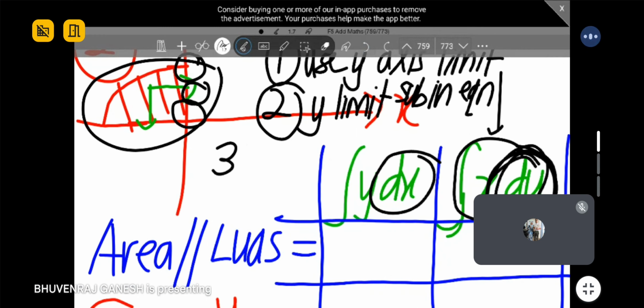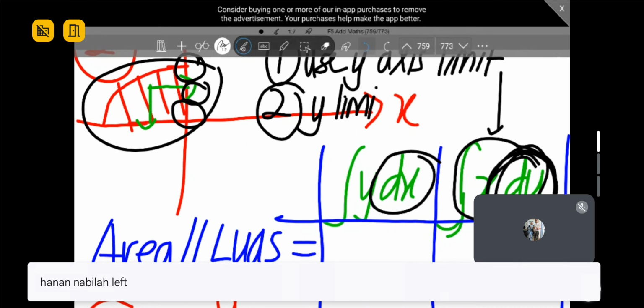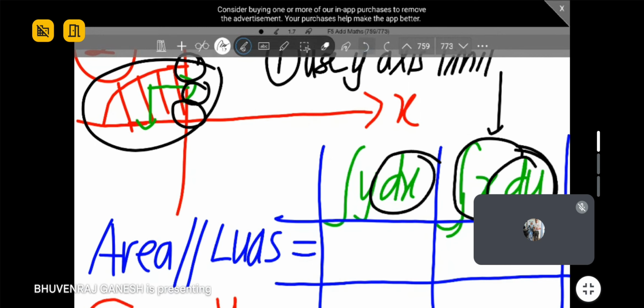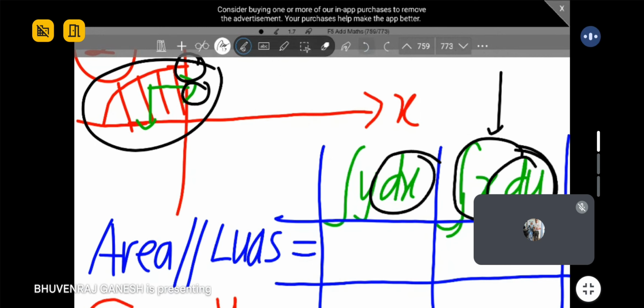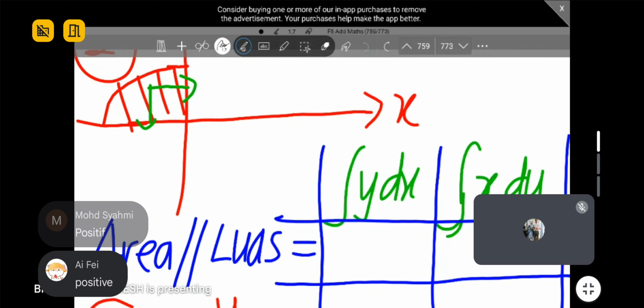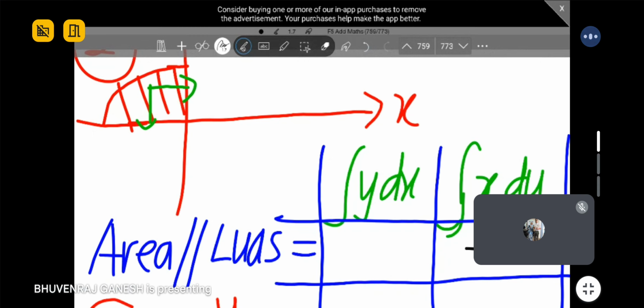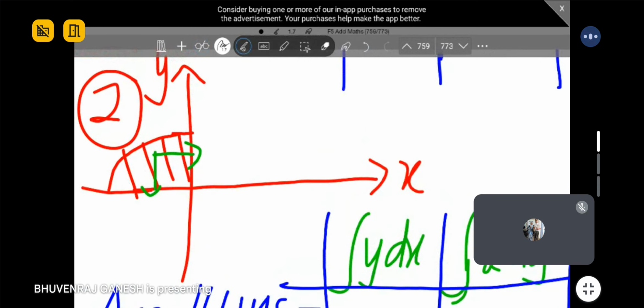What do you all think for y dx? Untuk yang sebelah kiri, adakah kamu dapat luas positif atau luas negatif? Okay, means you understand lah. Kamu faham dah. Okay, why? Because x limit is negative. Am I right?